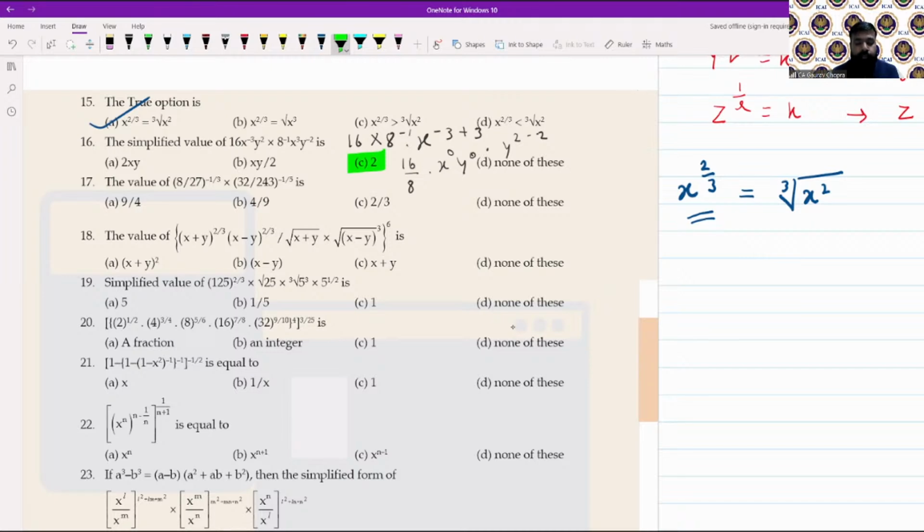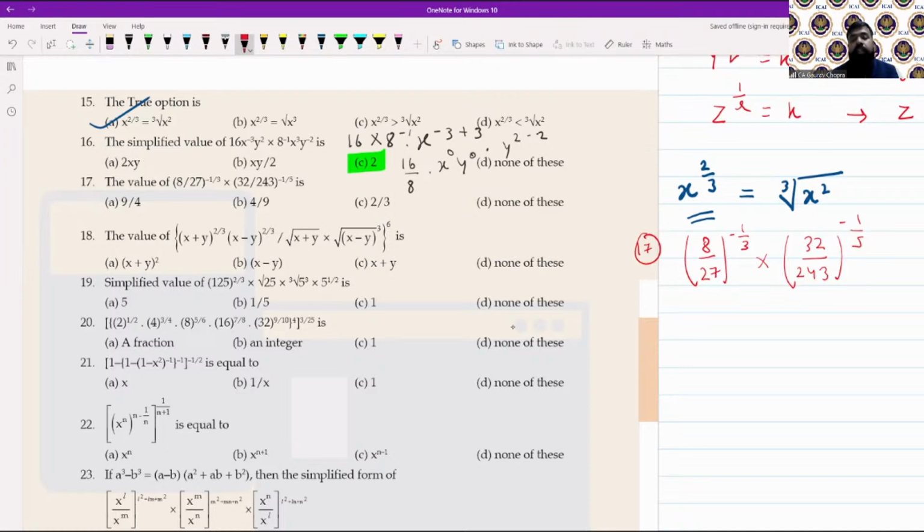Now the next one, 17th. Let us try question number 17. 8 upon 27 to the power of minus 1 by 3, multiplied by 32 upon 243 to the power of minus 1 by 5.